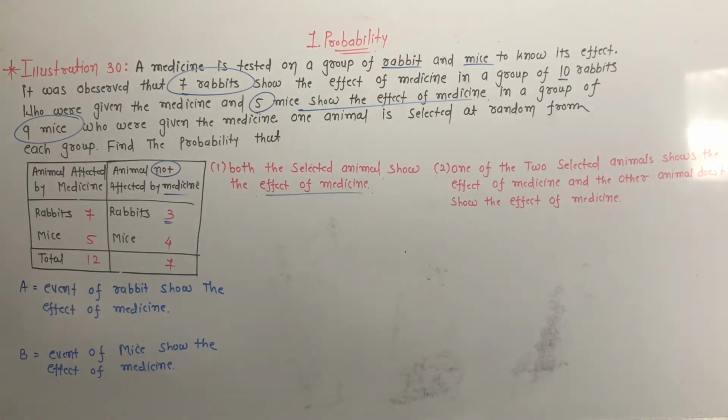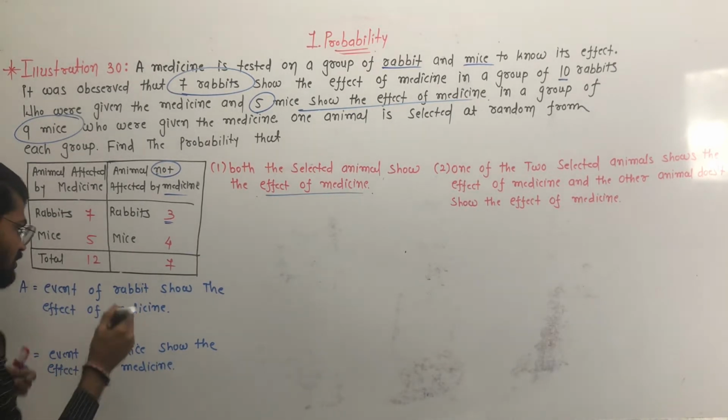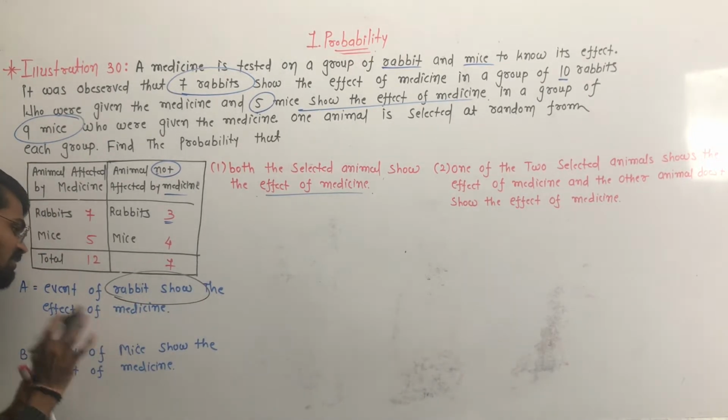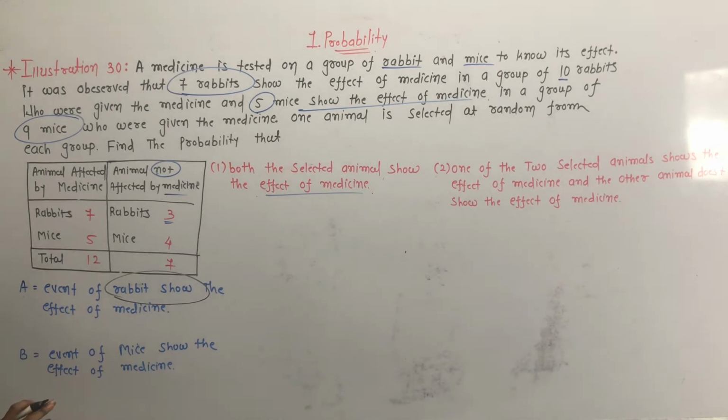Clear? Event A is that the rabbit shows the effect of the medicine, and event B is that the mouse shows the effect of the medicine.